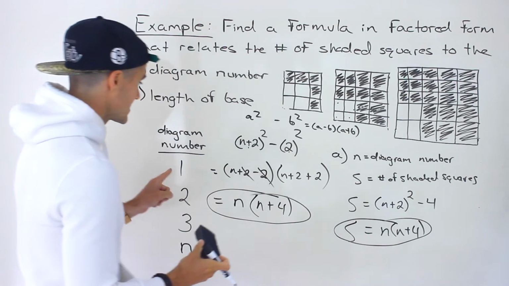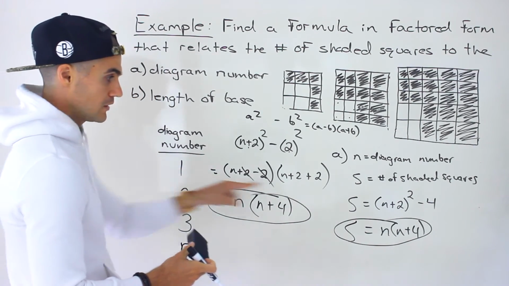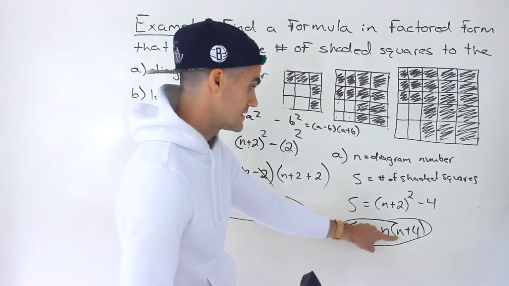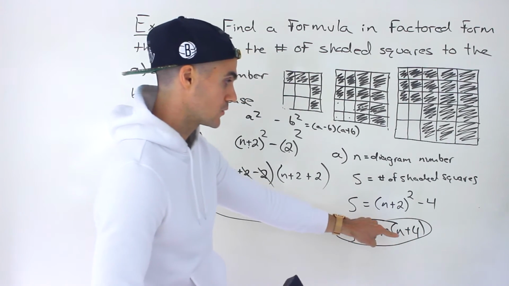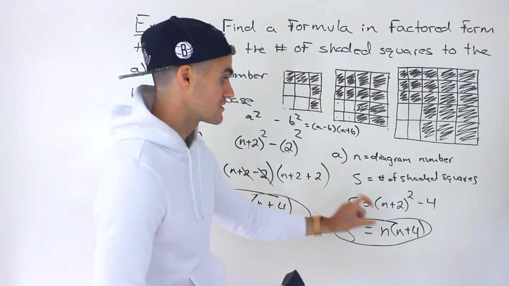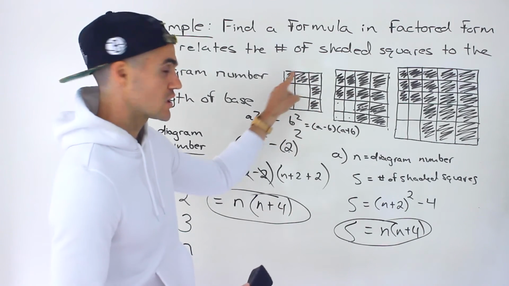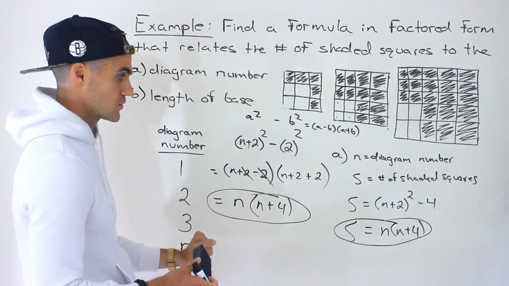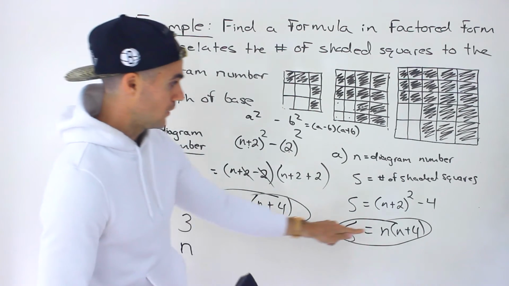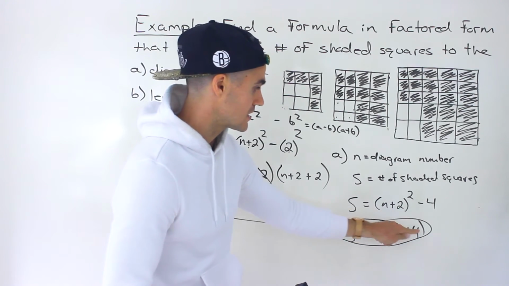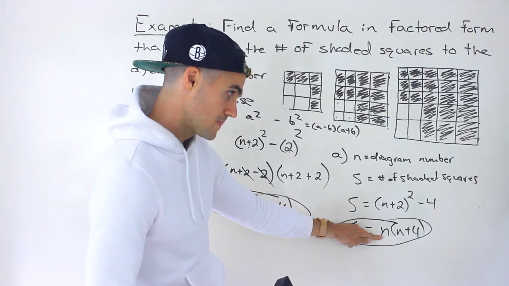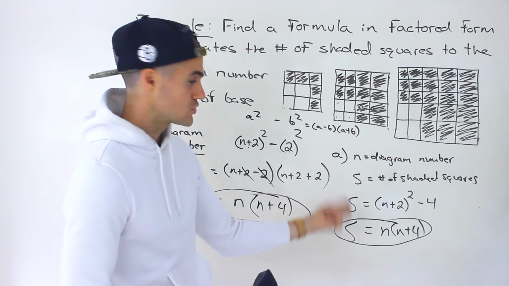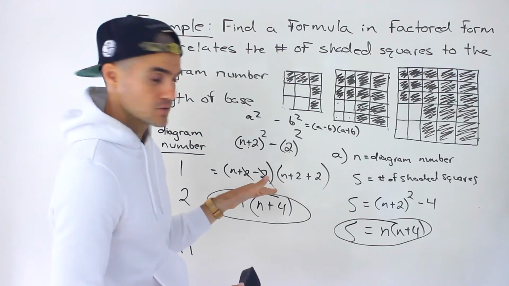And then you could test it, right? So you could take 1, plug it in for n, so we'll have 1 times 1 plus 4, which is 5. 5 times 1 would give us 5, and that was the number of shaded squares that we got. That was in that column, the number of shaded squares column. What about 2? Well, we'll have 2 plus 4, which is 6, times 2. 6 times 2 would give us 12. We had that value in that column as well.